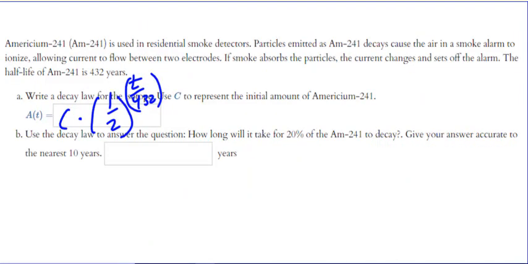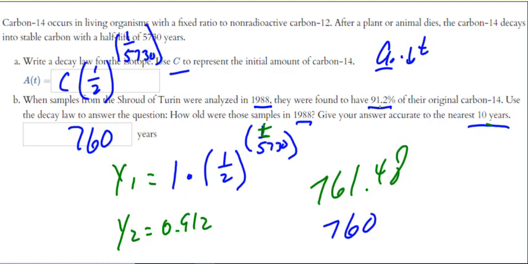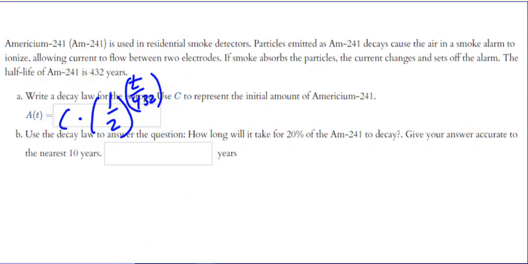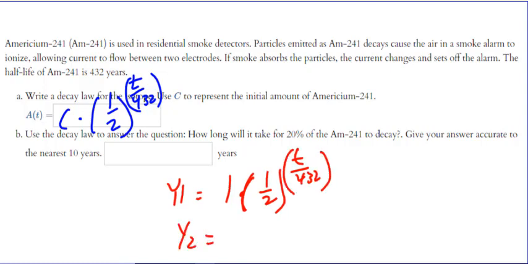Okay. So on the previous problem, they said how long will it take for 91.2% of their original carbon to still be there. On this one, it's saying how long will it take for 20% of it to decay. Well, in Y1, you're going to have 1 times, let's go ahead and put a parentheses, 1/2 raised to t over 432, and then Y2, well, if 20% of it's to decay, well, how much is still left? 80.